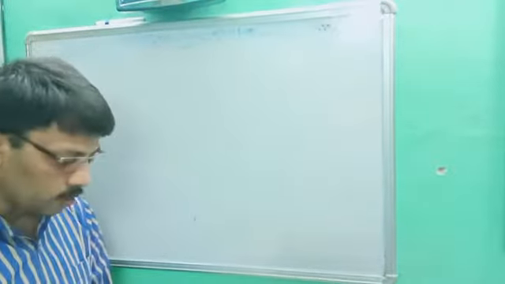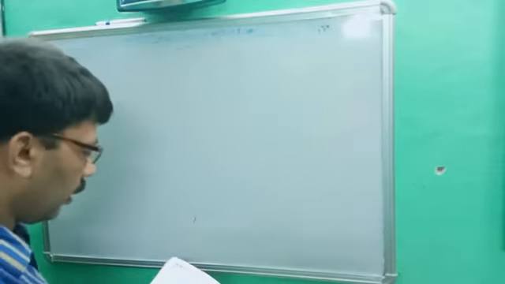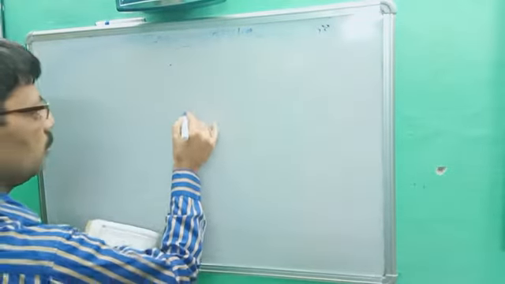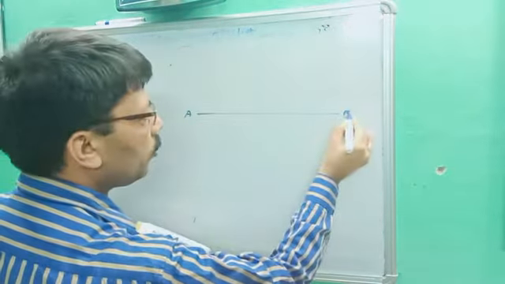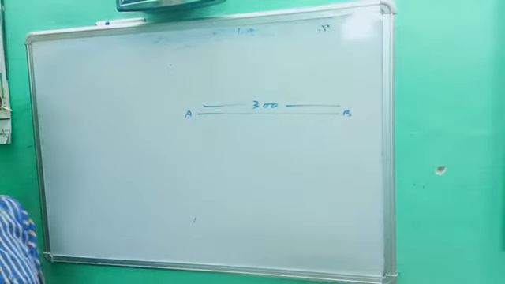The question is here. Joseph jogs from A to B in a straight 300 meters. This is given in your NCERT book.